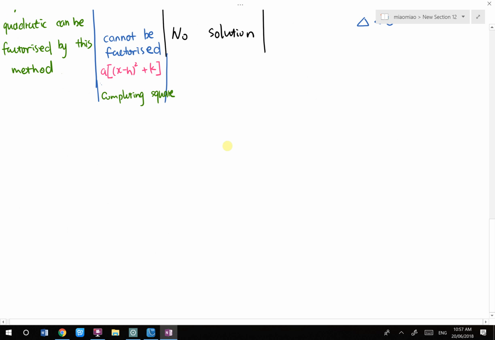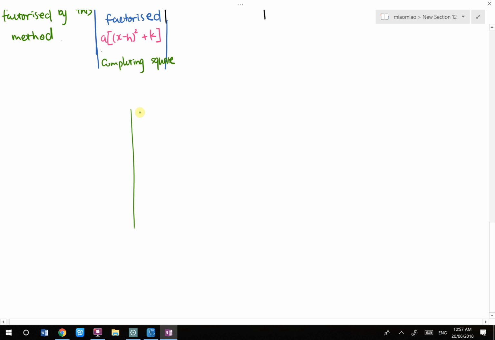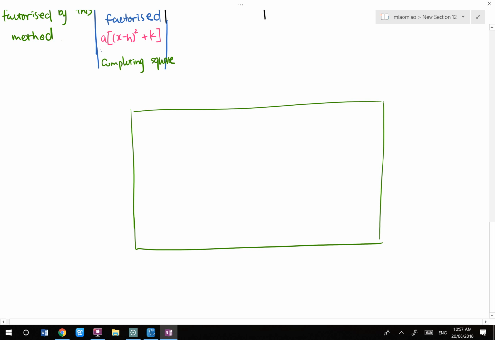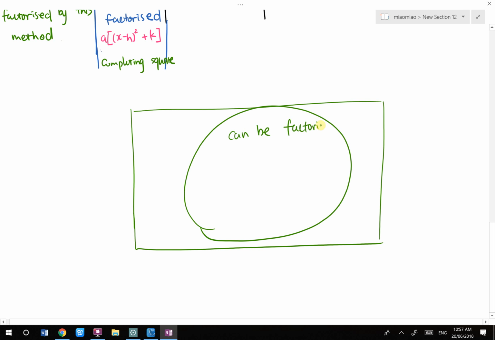If you think of that as a Venn diagram, we have this circle: is the quadratic able to be factorized? This circle is the quadratics that can be factorized and can be done by completing the square.